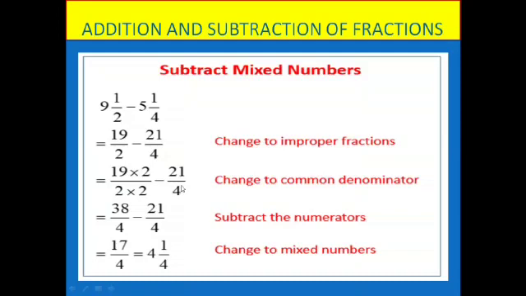So we need not multiply by any number to make the denominator 4. It itself is 4. Now it is 38 by 4 minus 21 by 4. We'll take the denominator common, 4, and 38 minus 21 will be 17. At the end, we will reduce it into a mixed fraction since our question is in mixed fractions.